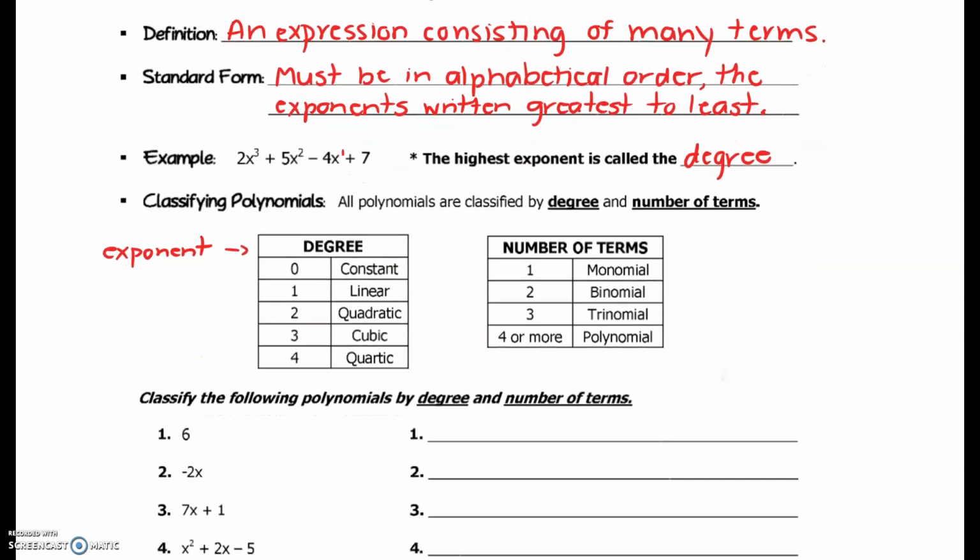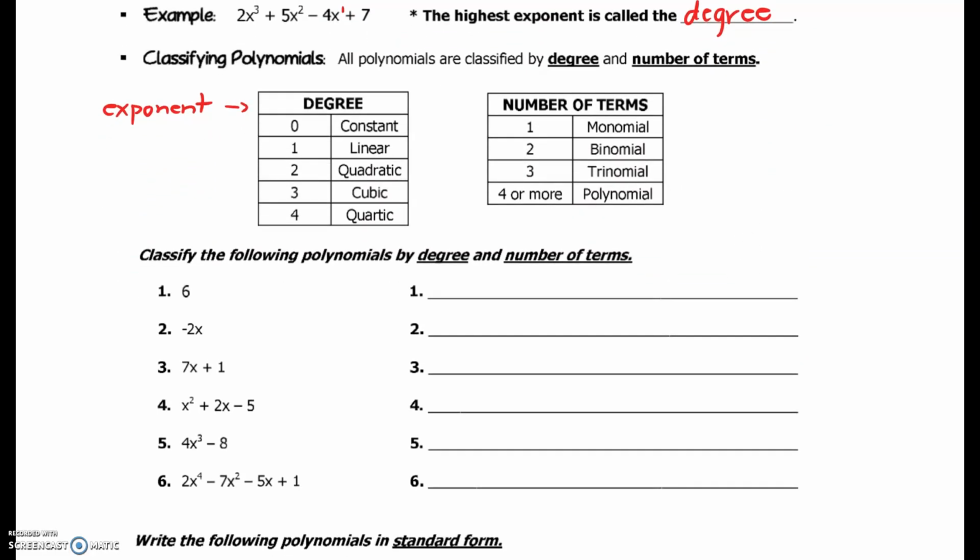So if you look at your first one, using your chart, it says classify the following polynomials by degree and number of terms. So in the first problem, we see the number 6. The number 6 has no variable, which means it has an exponent of 0 or a degree of 0. So we look at our chart, we see where the degree is 0.